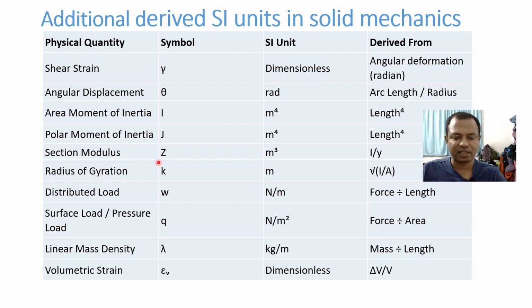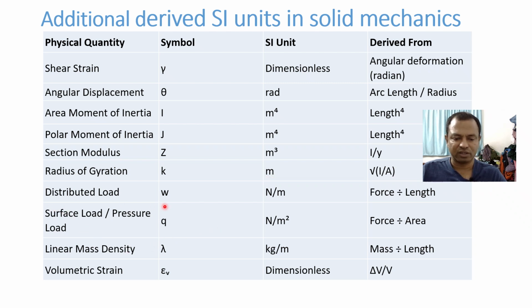Section modulus, capital Z, that is meter cube. The formula for section modulus is I by Y, that we will study later. Radius of gyration, small k, since it is a radius, unit is meter.